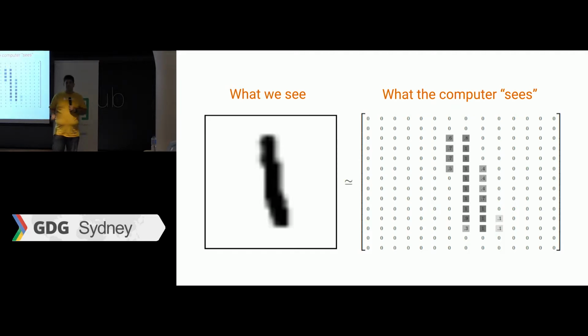A weight of 1.0 means a very black, dark pixel, and a weight of 0 means it's white, with nothing on it. You've got gradations in between, so it's a floating point value between 0 and 1. Because it's 28 by 28 pixels, we have 784 pixels.